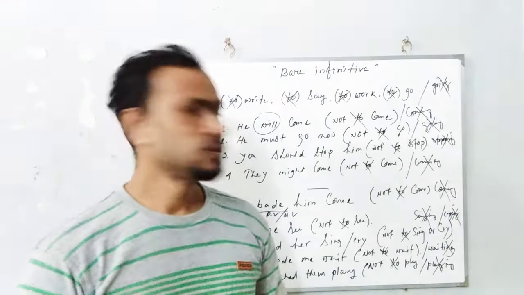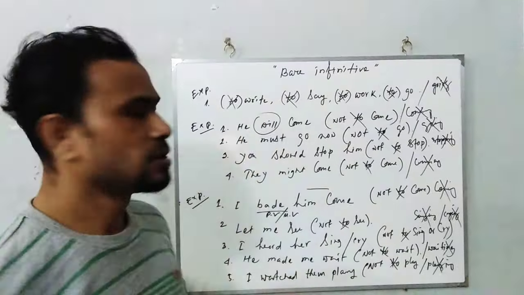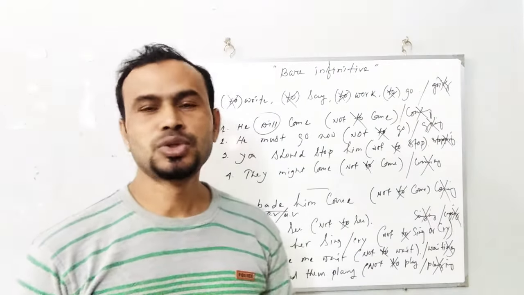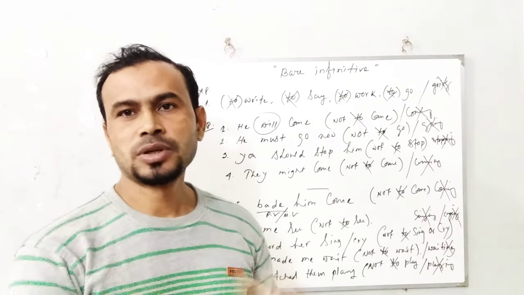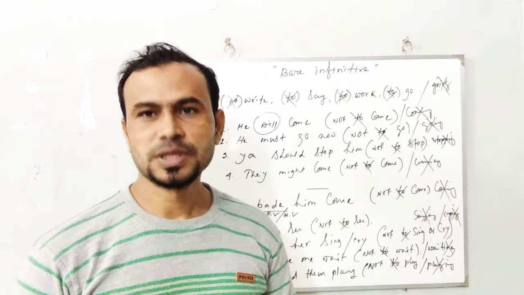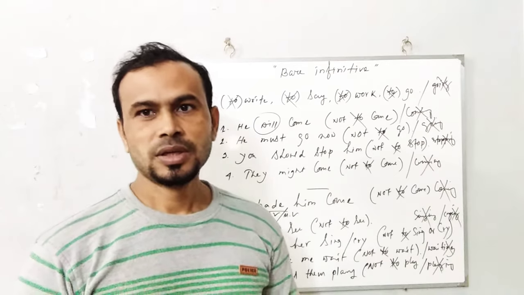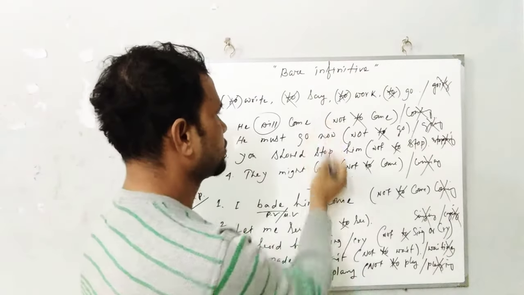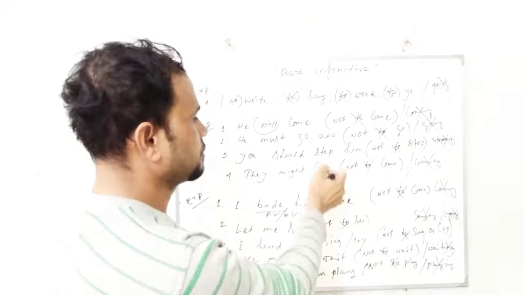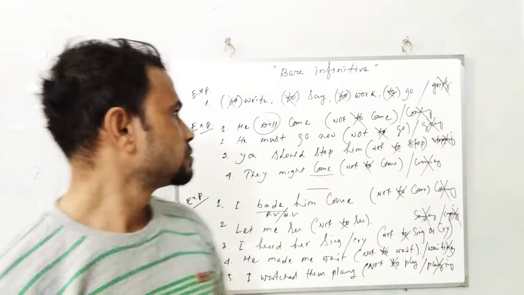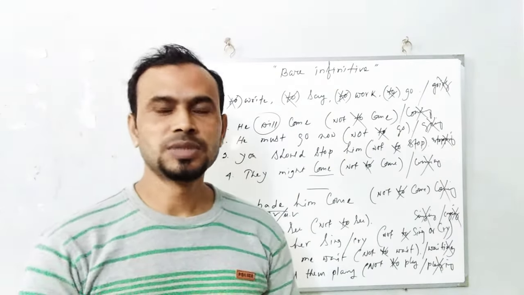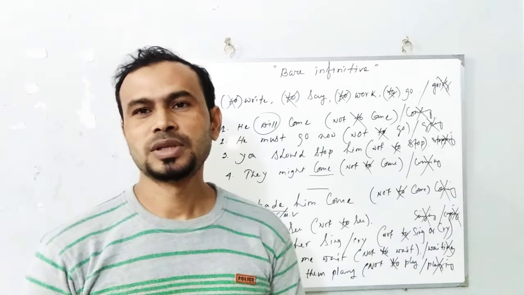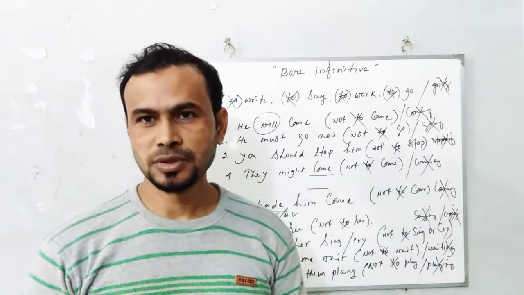So my friends, after modal auxiliaries, you should not use "to" before the verb. Always after modal auxiliaries the main verb should be in present form. Here you can see some verbs: come, go, stop, and also come. These verbs we can call bare infinitive, or present form verbs.